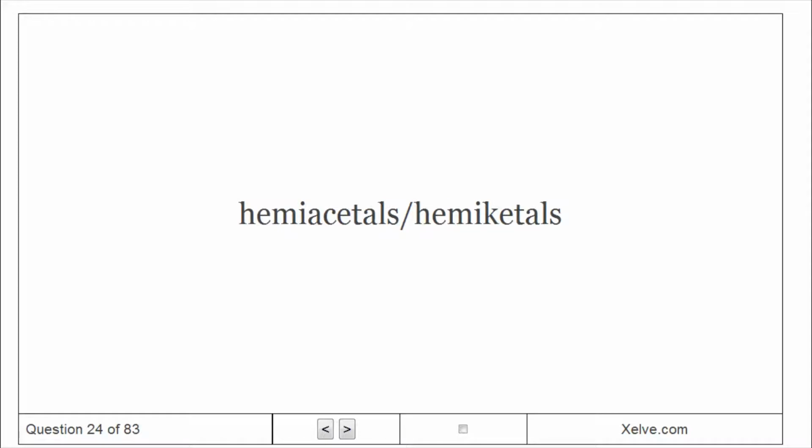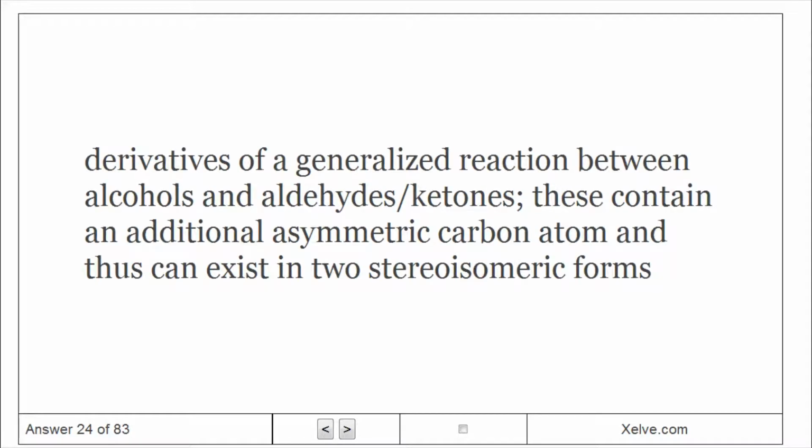Hemiacetals and hemiketals are derivatives of a generalized reaction between alcohols and aldehydes or ketones. These contain an additional asymmetric carbon atom and thus can exist in 2 stereoisomeric forms.